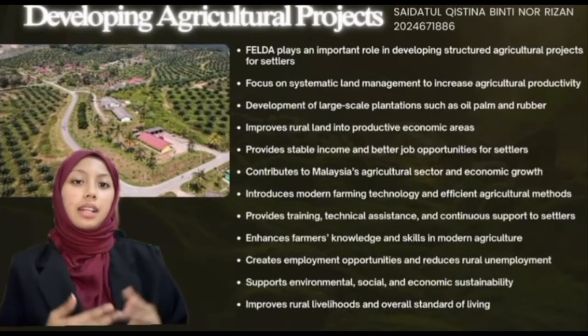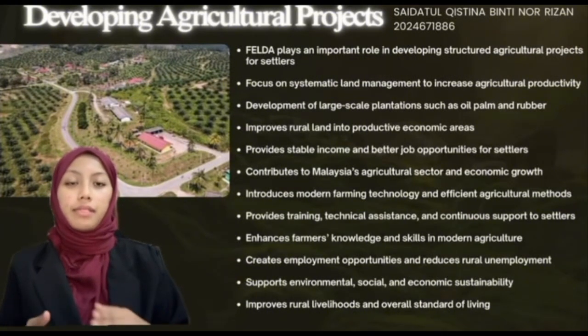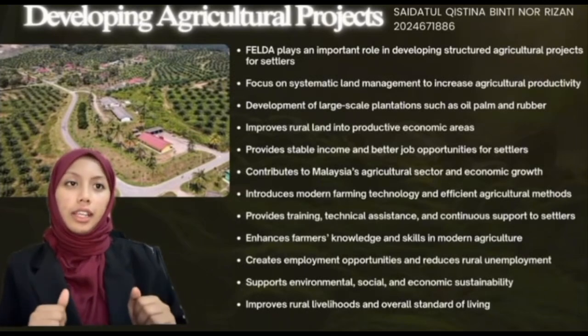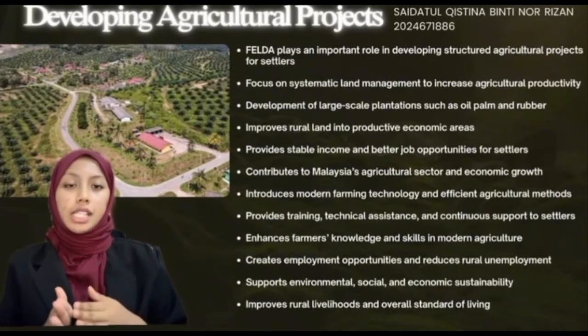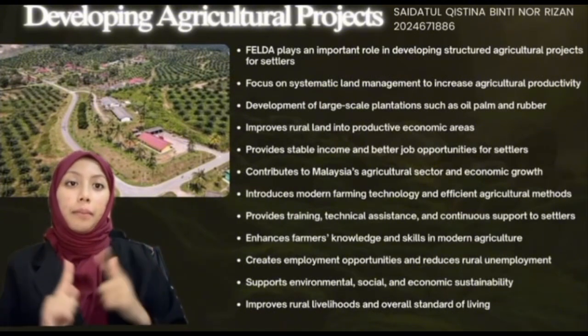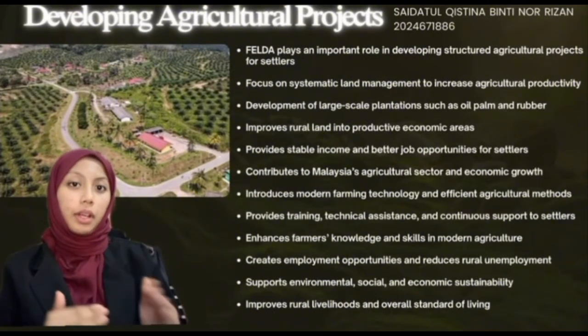Felda develops large-scale plantations such as oil palm and rubber, which transform rural land into productive economic areas. These plantations provide settlers with stable income, improve their standard of living, and support rural economic growth.